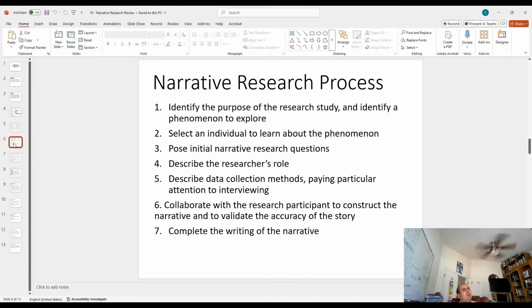Okay. So the process is you identify the purpose of the study. Why are you doing this study? So, the first one is the workforce study. Why am I doing that study? I'm doing it because I'm very interested in whether racism exists in the construction fields, because we believe in equality and equal opportunity. And besides, the programs need more people.